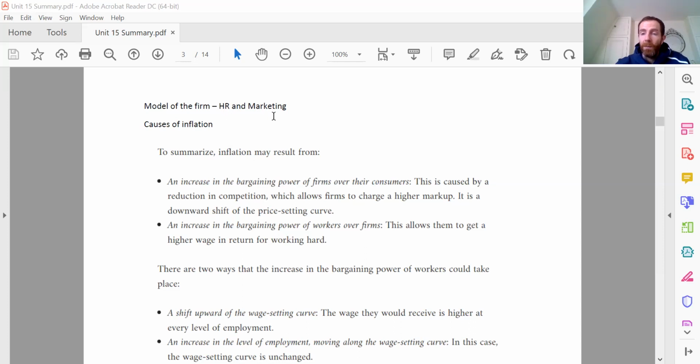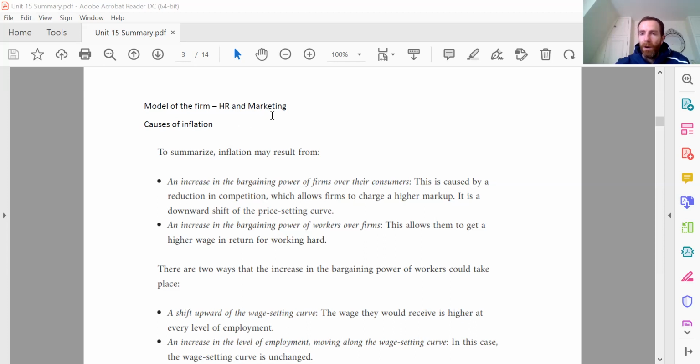For the marketing department, it's all about the demand for the good and the costs of the firm. They know the costs based on how much the HR department has decided to pay. And remember, for the moment, we think that the only cost for the firms is labor.